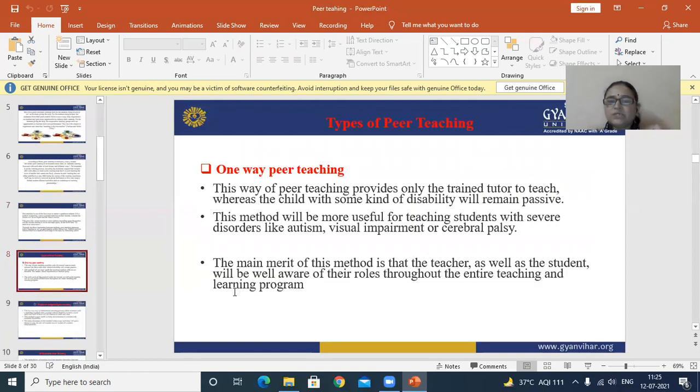Now we will discuss types of peer teaching. One-way peer teaching. This way of peer teaching provides only a trained tutor to teach, whereas the child with some kind of disability will remain passive.